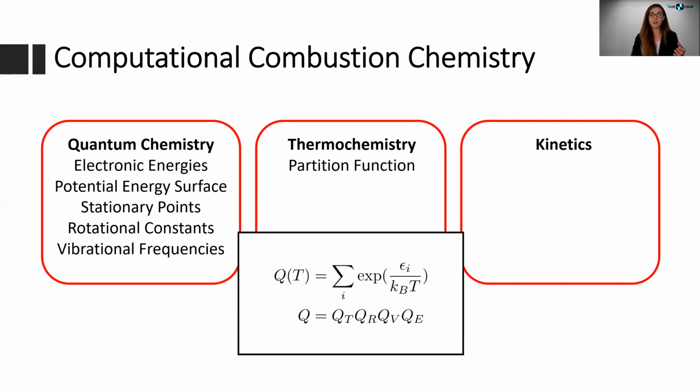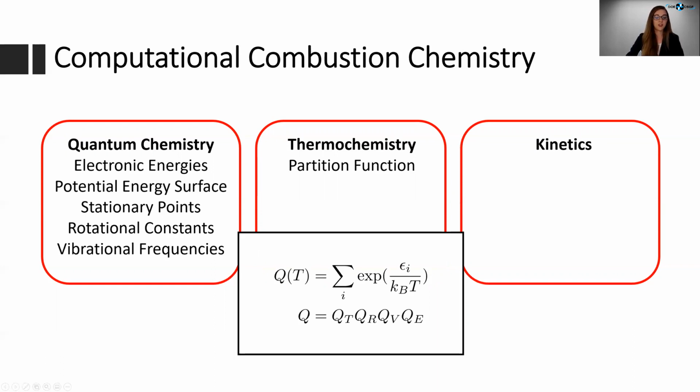Now, thermochemistry is all about this partition function, and that tells us the number of states that are accessible to a molecule at a given temperature by putting energy levels into Boltzmann factors. And those energy levels we get from the quantum chemistry. That's the vibrational energy levels, the electronic energy levels, and rotational energy levels.